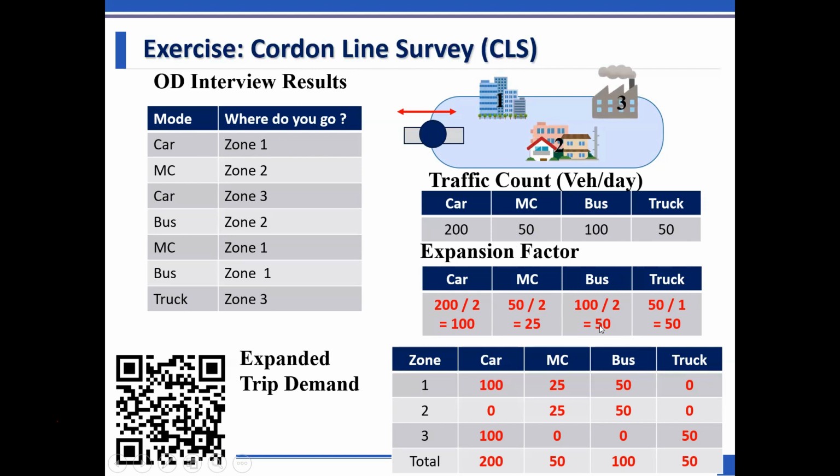So 10 to 20 must be achieved for a good traffic demand forecasting result. But this is just my opinion based on our experiences. So please understand that high expansion factors must be avoided.